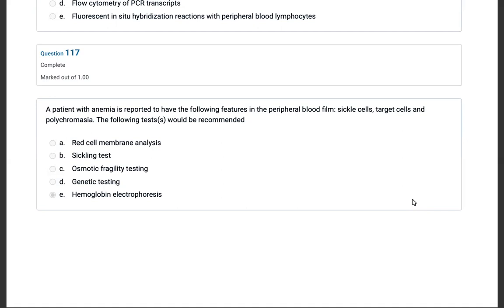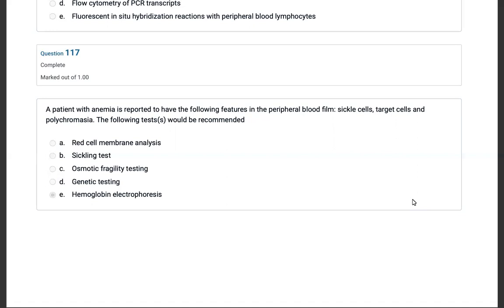You might want to do a sickling test, but you're already seeing sickle cells, so there's no need to go and do a further sickle cell test. The best and most definitive diagnosis for sickle cell is a hemoglobin electrophoresis. So hemoglobin electrophoresis will be the most recommended.